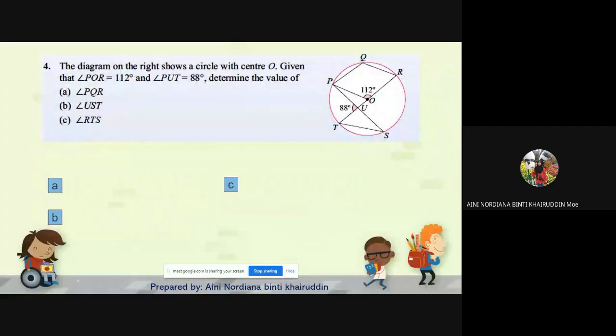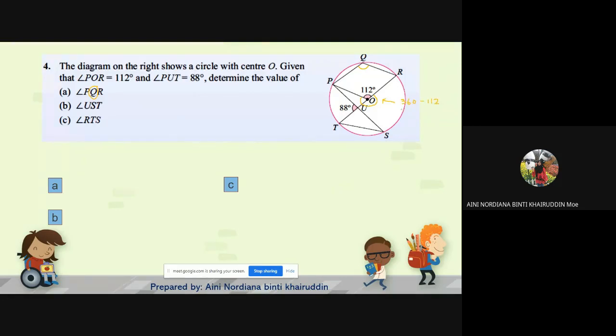Next, question number 4. Determine the value of PQR. So angle at Q. So how to calculate this angle? First, you need to calculate this angle, because this angle is twice angle at Q. So this angle is 360 minus 112.